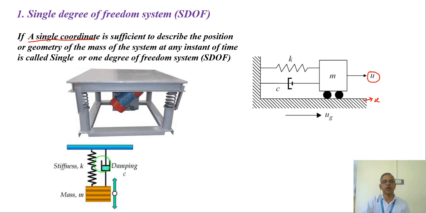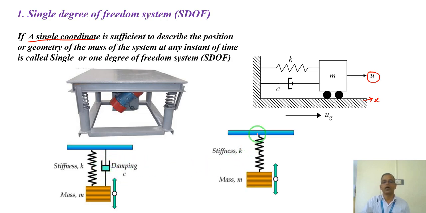If a system does not have damping, it can be represented mathematically like this: a spring with stiffness K and mass M, and when I give an initial displacement, the system starts vibrating vertically. Okay. So this is how we can mathematically model the single degree of freedom system.